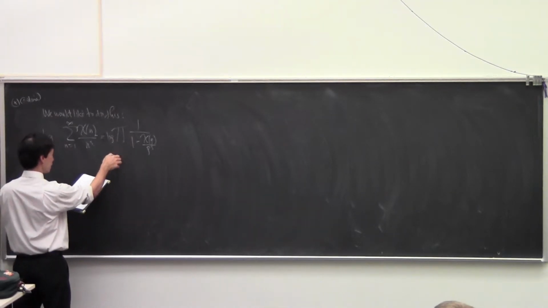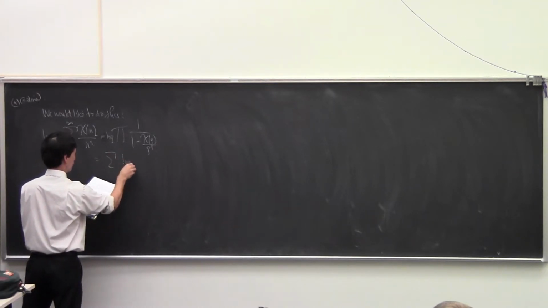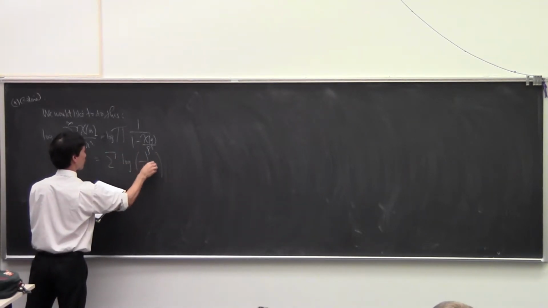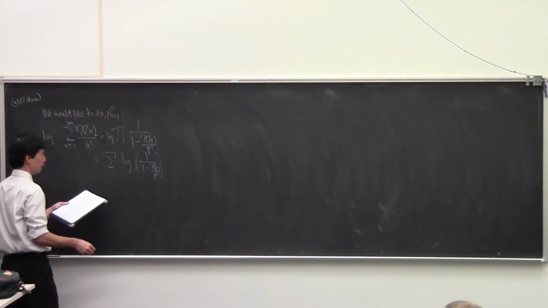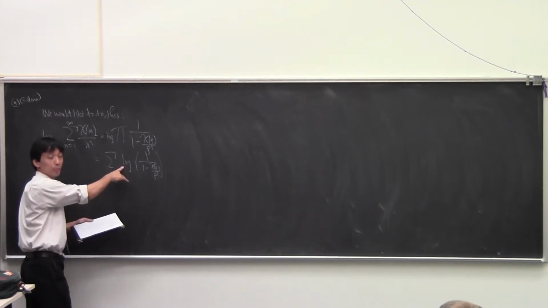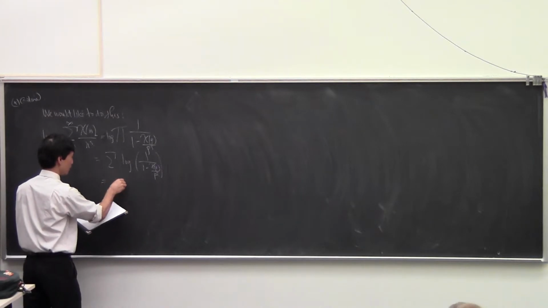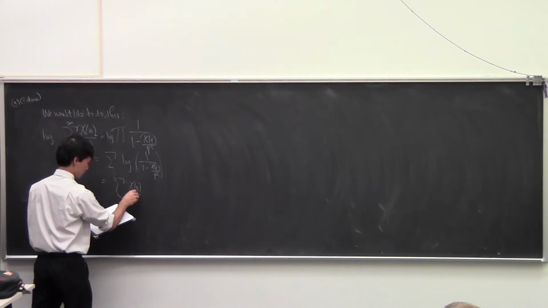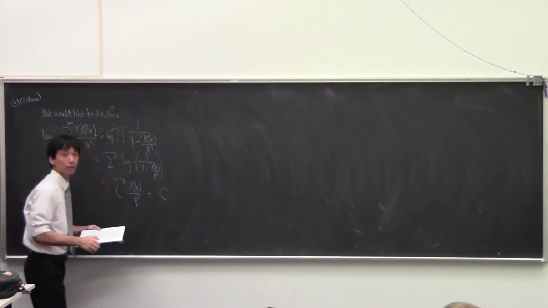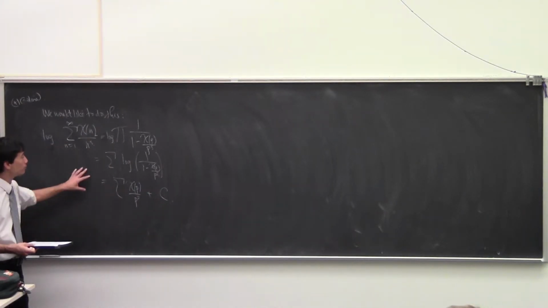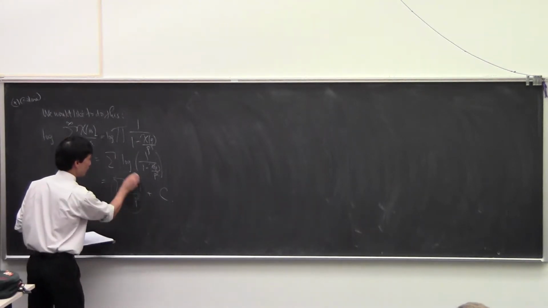So we'd like to hit this thing with the log and turn this thing into the sum of logs. And then use the property that we already proved, that this is going to be some sum plus some constant, basically.